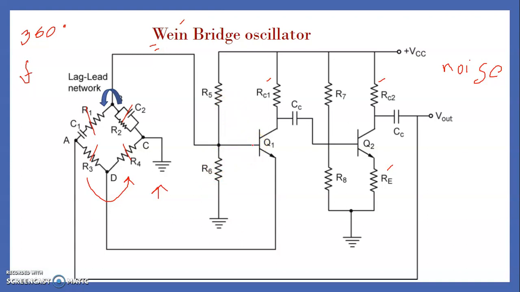And we have two-stage amplification. So even if it is a mere noise signal, the output is going to be a noise signal. Then this noise signal is fed back through the feedback network to the base of our transistor Q1.